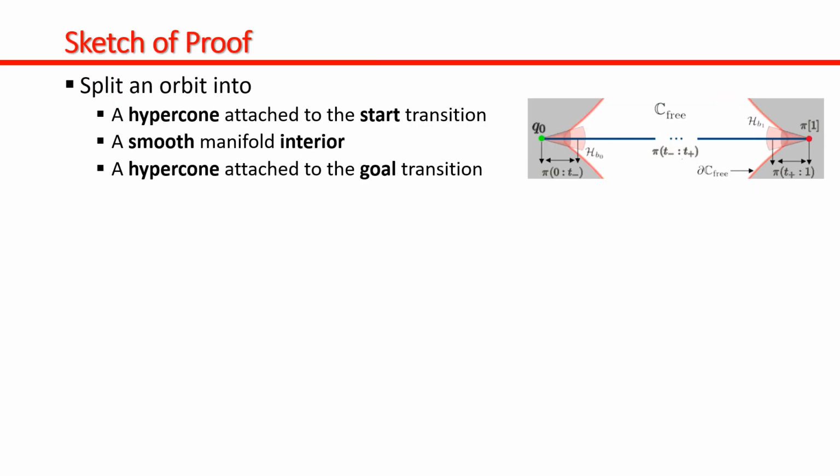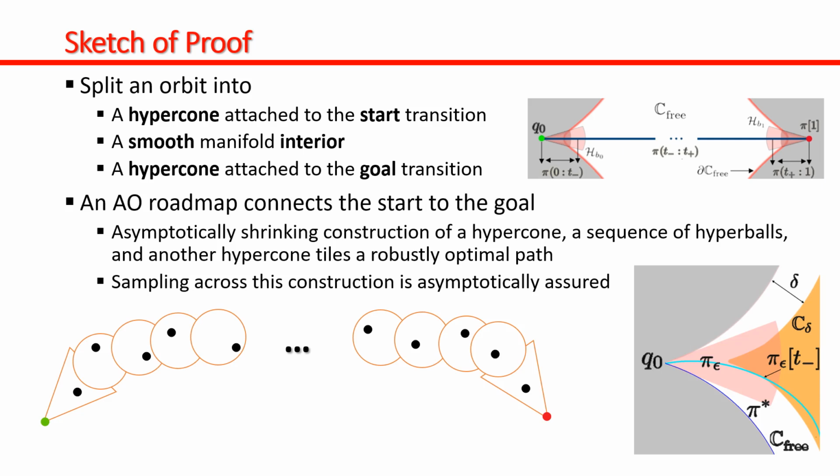A very high level intuition behind the series of arguments is shown here. We have these hypercones attached to the start and the goal points of the orbit, and then we have the smooth manifold interior with which these hypercones have a positive intersection. So we want to argue that an asymptotically optimal roadmap growing within the orbit is going to eventually connect the start to the goal.